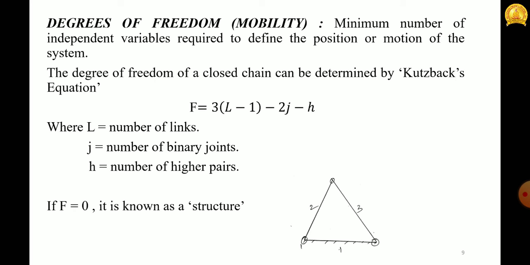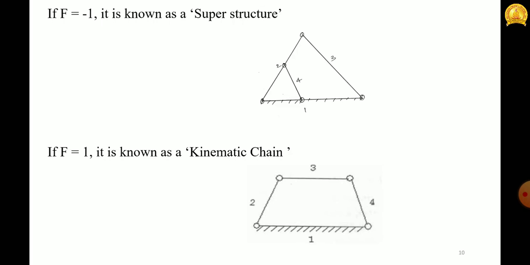Now, look into the figure given. Here, the number of links L is equal to 3, number of binary joints J is equal to 3, and number of higher pairs H is equal to 0. Substituting these values in Kutzbach's equation, we get F as 0, and such a system is known as structure.